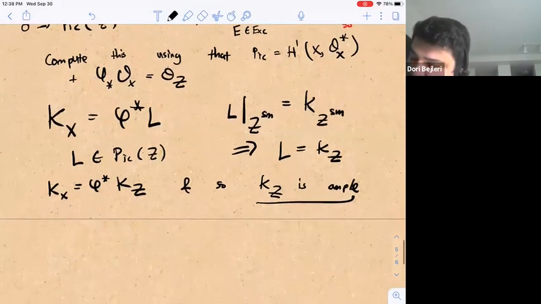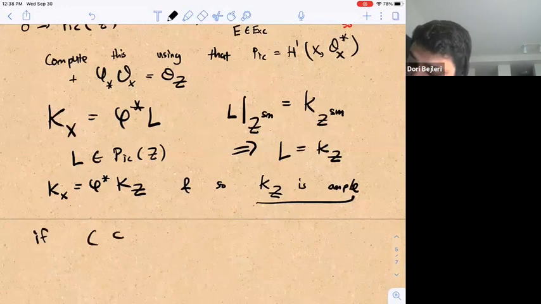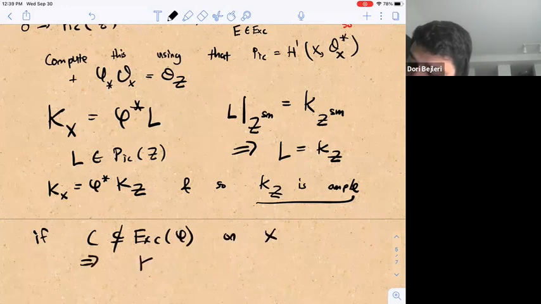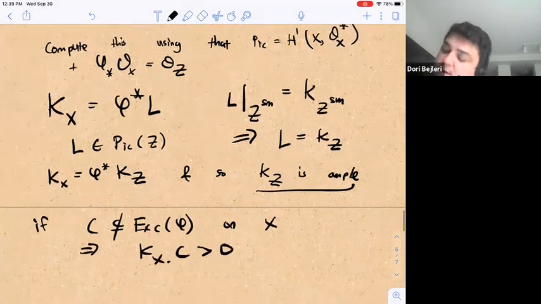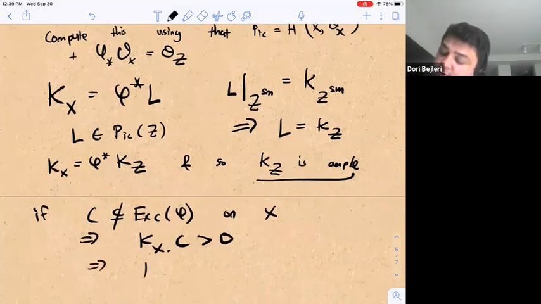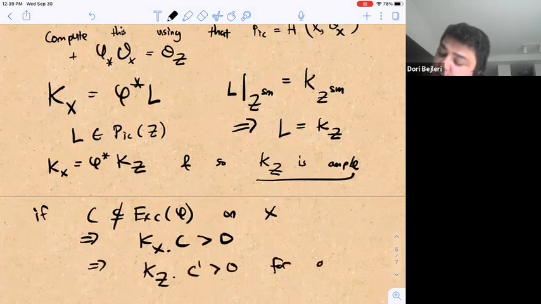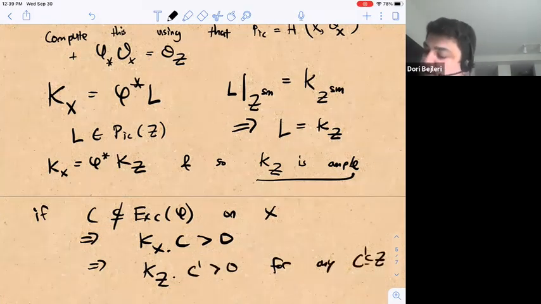So maybe the better way to say it is that if C is not exceptional on X, then KX.C is strictly positive because this phi is exactly contracting the zero curves. So that implies that KZ.C prime is strictly positive for any C prime in Z. So that's how we get this.